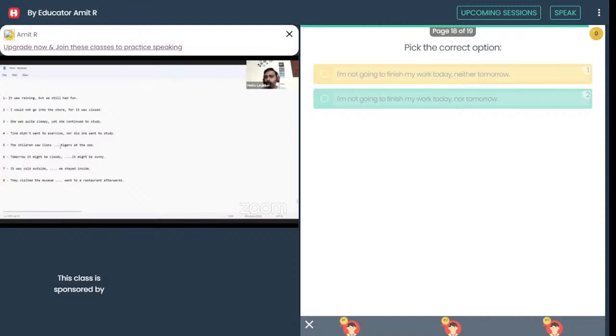There is no option, both are seen together. Lions and tigers both are seen in the zoo. So the answer is and. The children saw lions and tigers at the zoo. Simple. Both together, equal grammatical rank. There is no contrast here. It's together, because in the zoo you see both lions, tigers, different types of animals, different breeds. So it's and here.